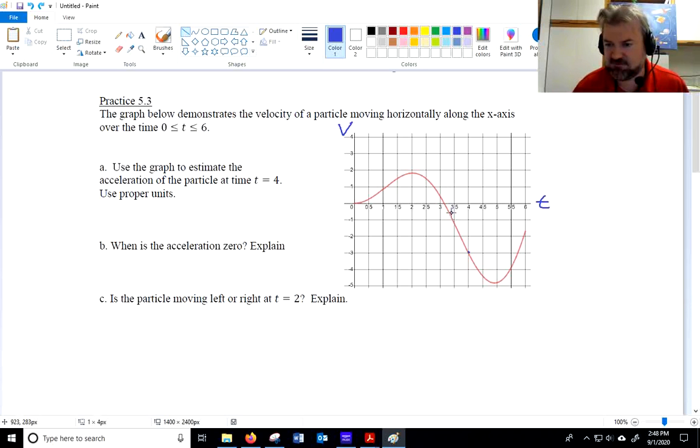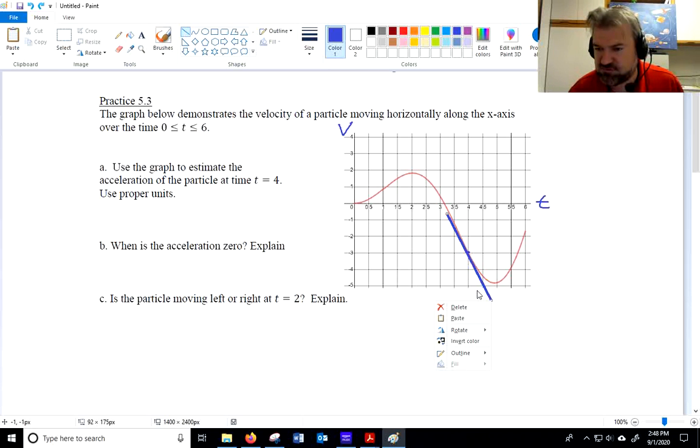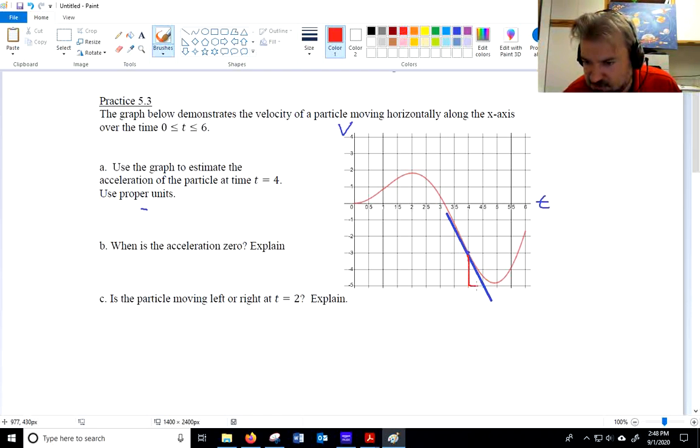And this one's not that easy to do. It's something like this maybe, or maybe it's, can't really tell which side of the curve it would be on or if it goes through it. Okay, so I'm going to estimate that as a negative 2 over a half. So the change in this tangent line appears to be a negative 2, and the change in the run is 0.5.